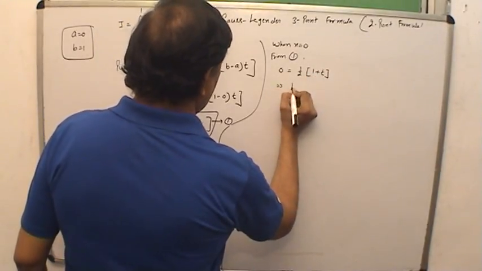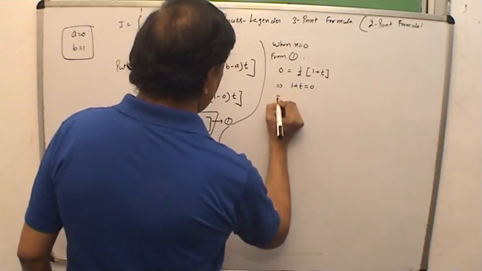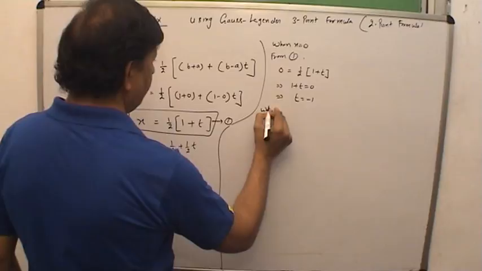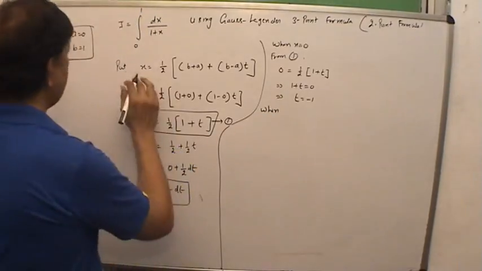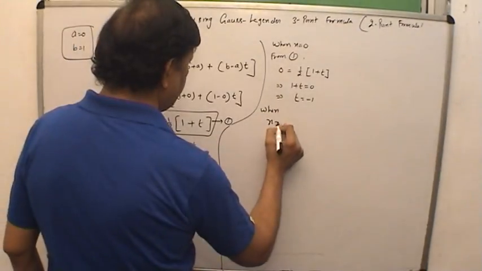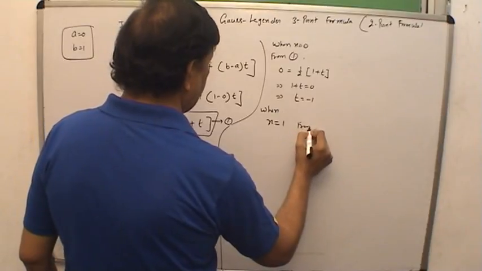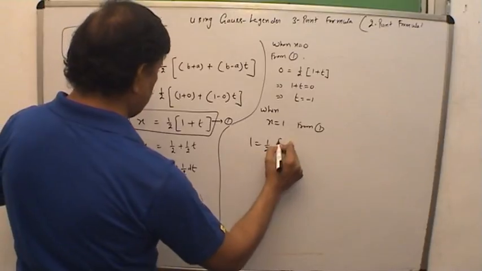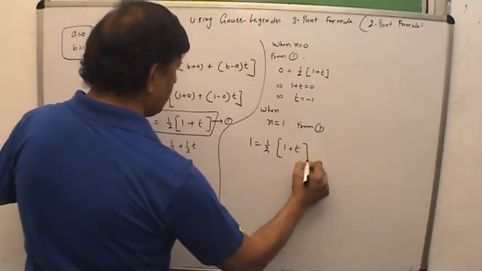This implies 1 plus t is equal to 0. This implies t is equal to minus 1. And now the upper limit, when x is equal to 1, from equation number 1, 1 is equal to 1 by 2 into 1 plus t.